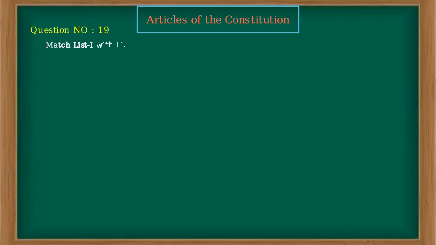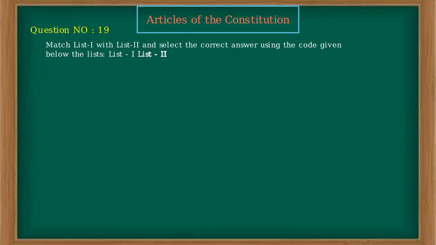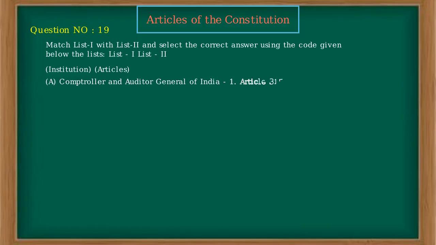Match list I with list 2 and select the correct answer using the code given below the lists. List I, List 2. Institution, Articles. A. Controller and Auditor General of India, 1. Article 315. B. Finance Commission, 2.